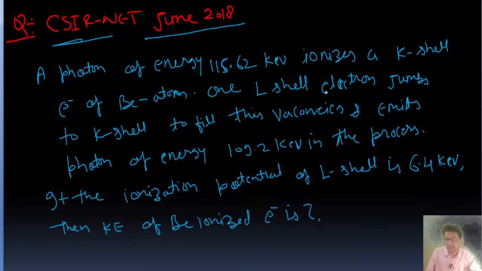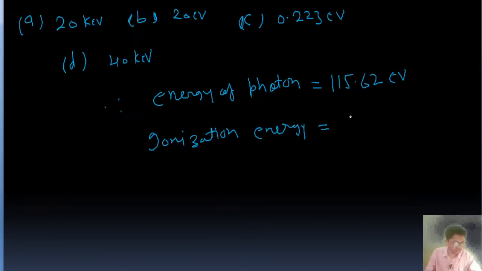The L shell electron jumps into the K shell to fill the vacancy and emits a photon of energy. This is the photon energy because of that L shell electron, and the ionization potential of the L shell, okay, this is important. Sorry, my apologies.